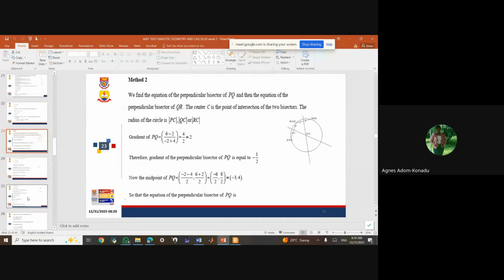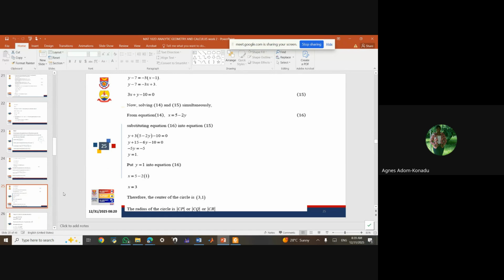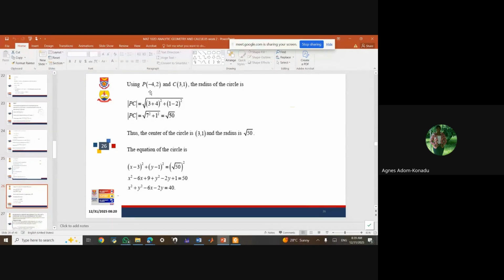This is the center, and the radius is the square root of this, which gives me root 50. So using the equation (x minus a) squared plus (y minus b) squared is equal to r squared, I'm going to get (x minus 3) squared plus (y minus 1) squared equal to the square root of 50 squared.